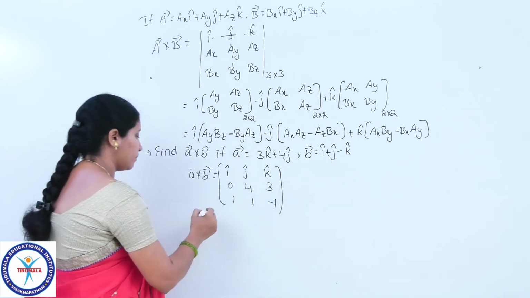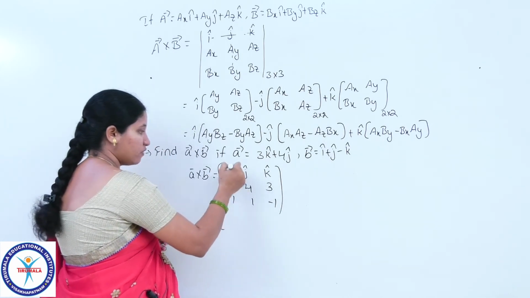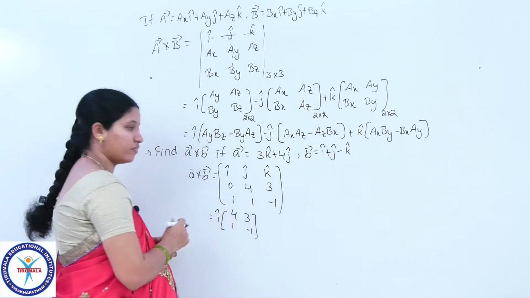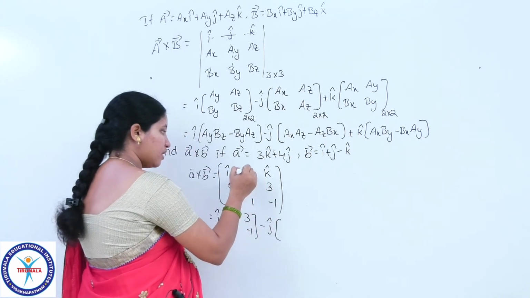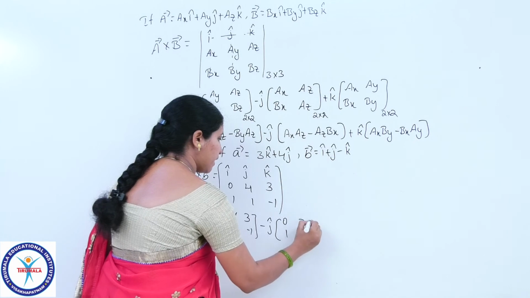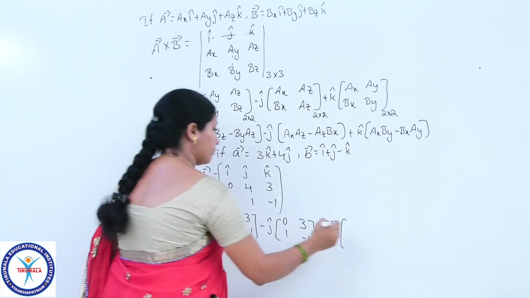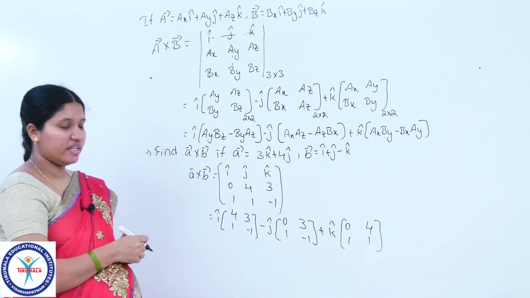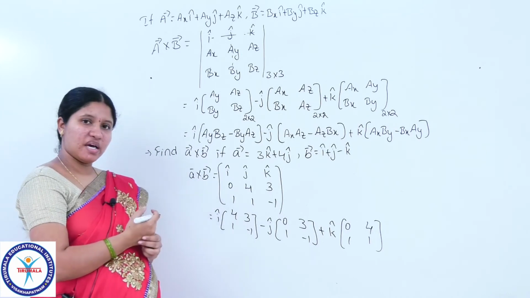Now write I cap into, after eliminating first row, first column, we are having 4, 3, 1, minus 1. Next, minus j cap into, eliminating first row, second column, we are having 0, 3, 1, minus 1, plus k cap into, eliminating first row, third column, we have 0, 4, 1, 1. Now, finding the determinant for the given 2 by 2 matrices, we get the a bar cross b bar value.